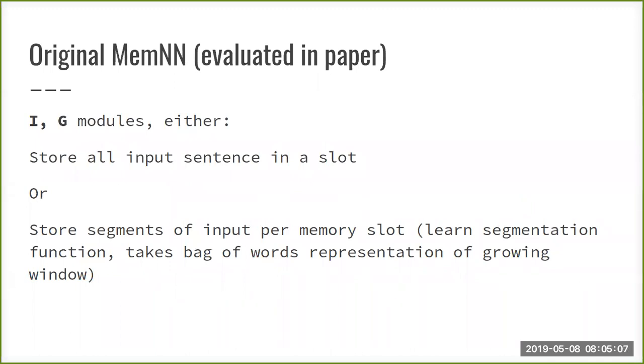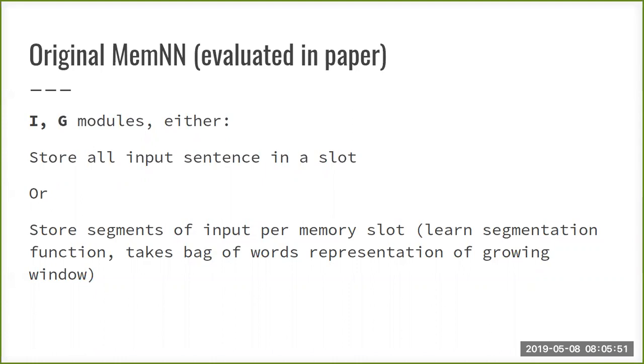So the original memory network that was presented in the paper was working on strings of text. The very basic version that they had would store the whole input sentence in a memory slot, and later on they augmented this by also allowing it to learn a function that will return 1 when it detects that this subset of input could be separated into a separate segment, and it will store those segments.